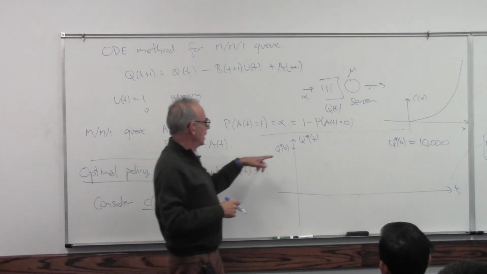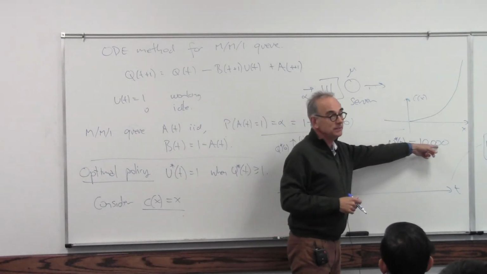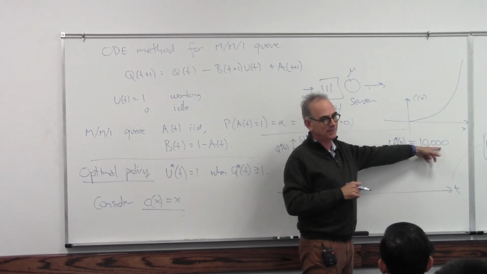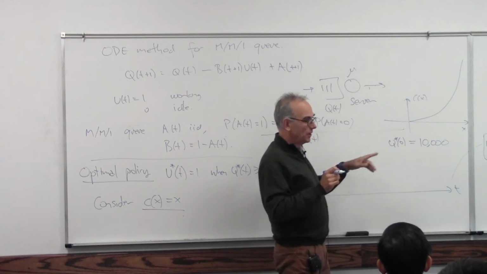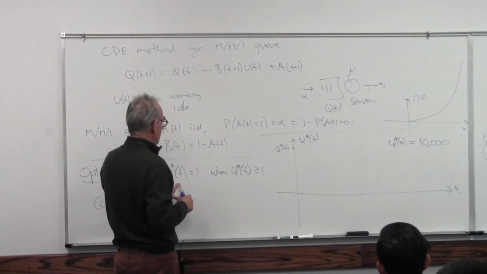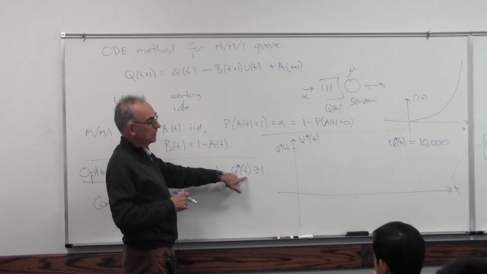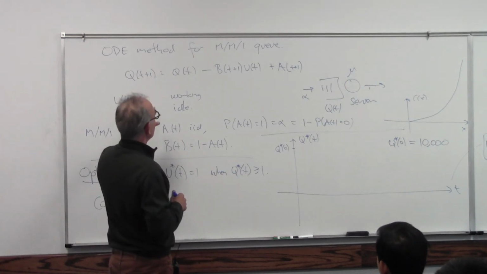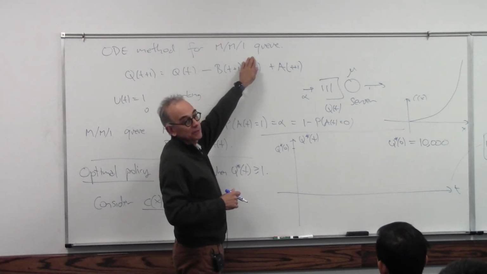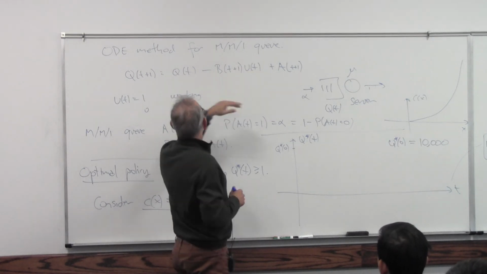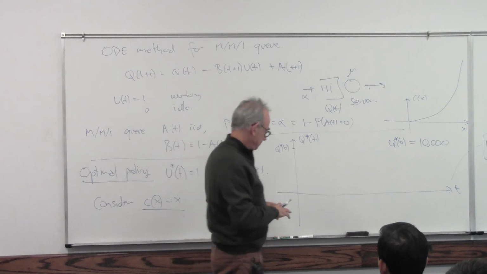Why did I pick a big number? Because I want at least 10,000 steps. I'm going to keep u equals 1. It's a lot of people in the bank, and it's going to take a lot of time for q star to be 0. That's the point. So basically, that disappears, and I've just got the new guy.